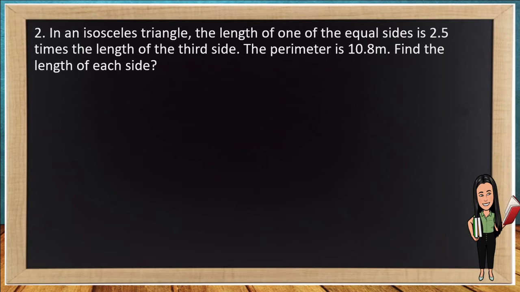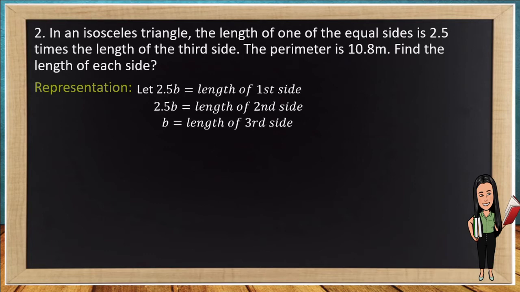Okay? According to the question, the length of one of the equal sides is 2.5 times the length of the third side. So, dahil triangle to, tatlong sides. We can represent the third side as a variable, b. And then, yung equal side, pareho lang yon.